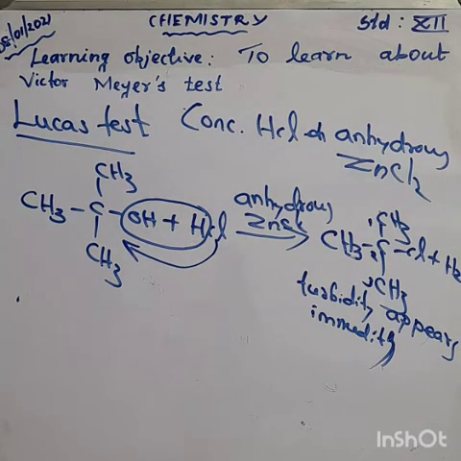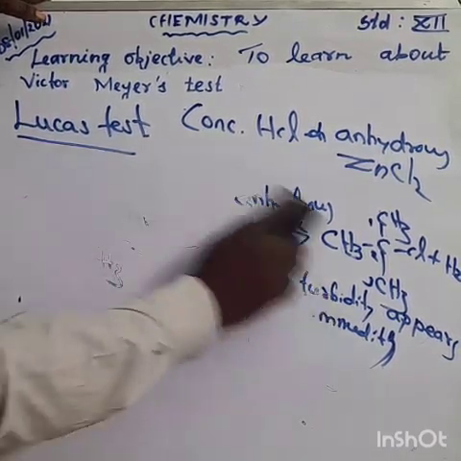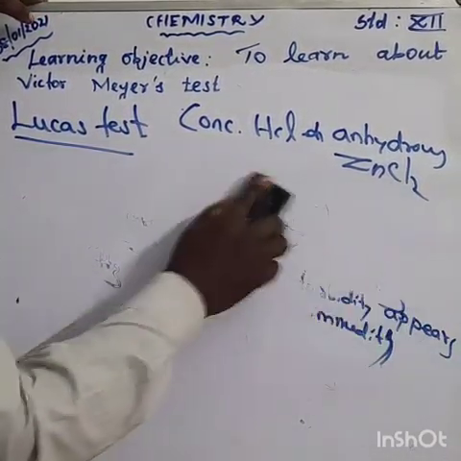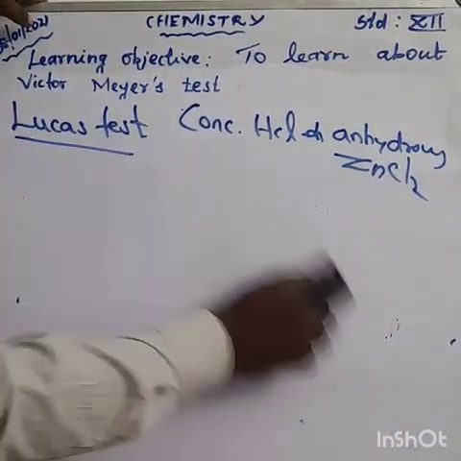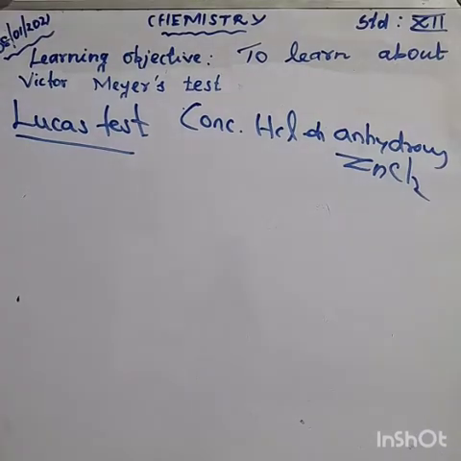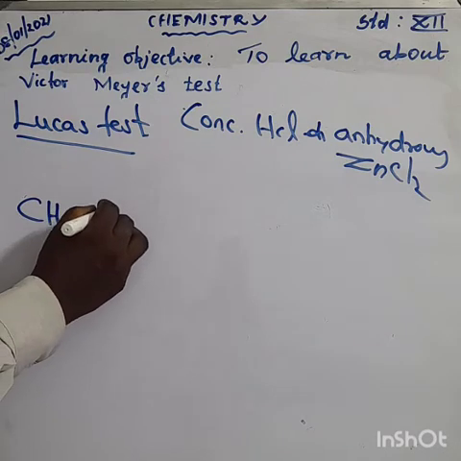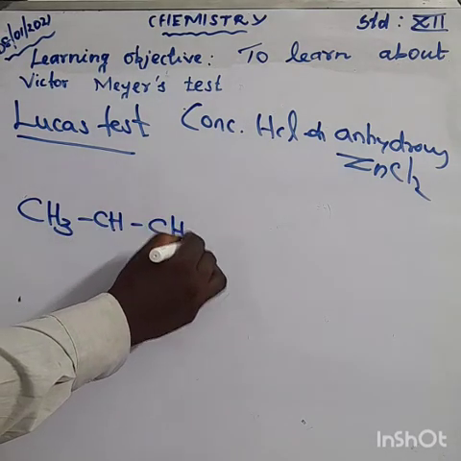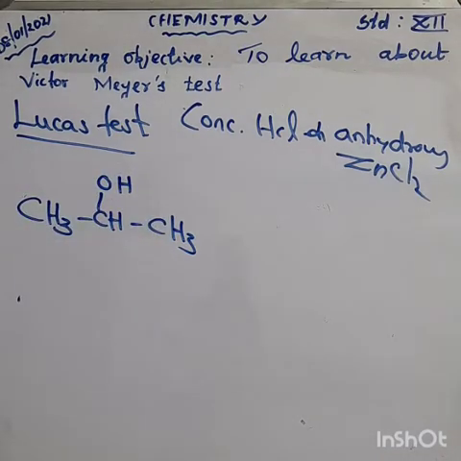What about the second reaction? About the Lucas test, we are using the Lucas reagent, concentrated hydrochloric acid and anhydrous zinc chloride. The second one is about the secondary alcohol, (CH3)2CHOH. Why is it a secondary alcohol?